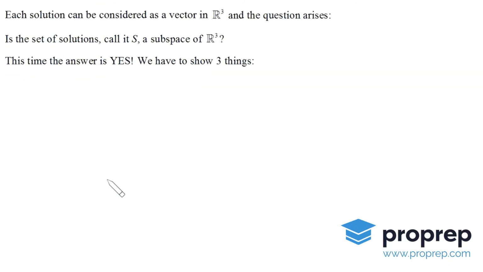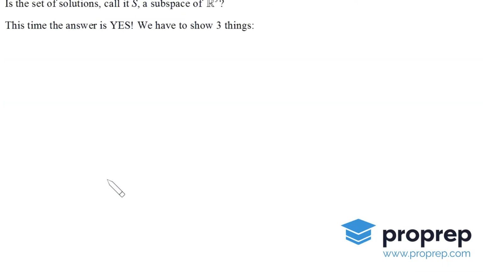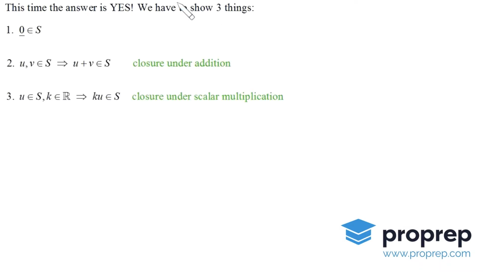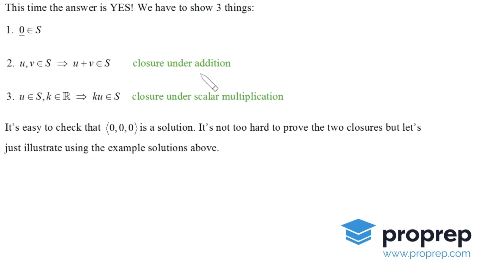And to prove it, we have to prove those three conditions or axioms. And I brought them in again to remind you. I think I may have rearranged the order. I like to put this one first, that the 0 vector belongs to the solution set, and if two belong, then so does their sum. That's called closure under addition and closure under scalar multiplication.